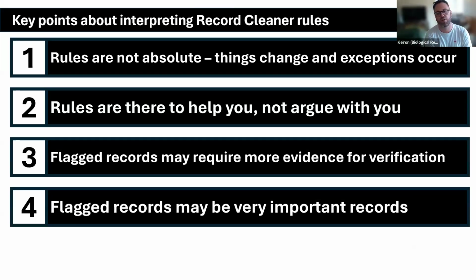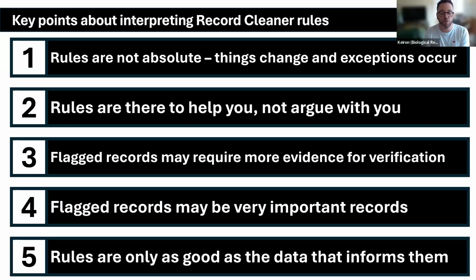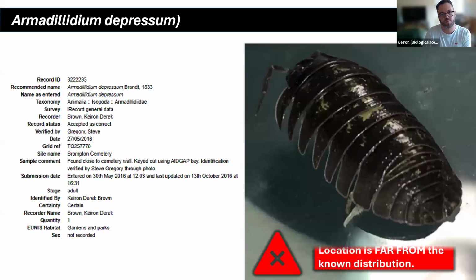So if you're getting records that are outside of the phenology or the distribution that we know of, it might be that it's a valid record and it's just the first time that we've ever had a record in that place or time. And the rules are only as good as the data that informs them. So bear with us while we get those rules updated according to current data sets.